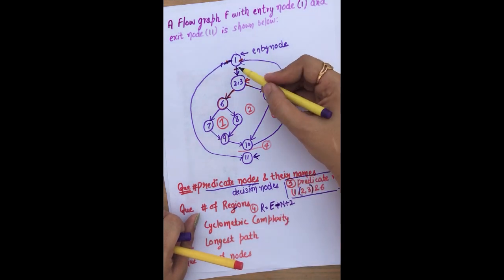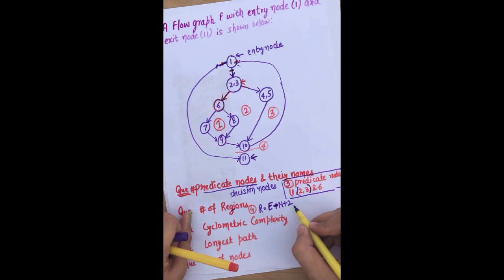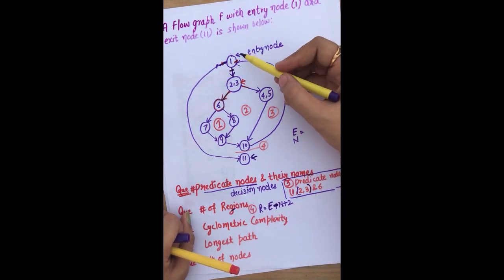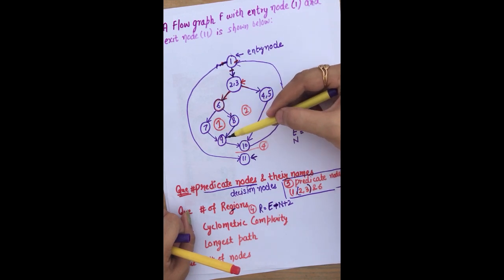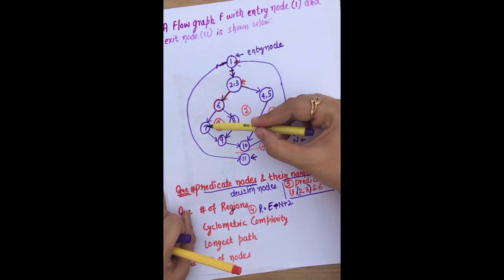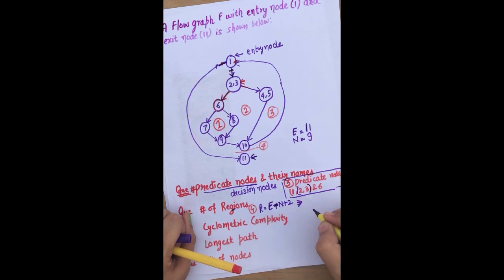The number of edges here are 1, 2, 3, 4, 5, 6, 7, 8, 9, 10 and 11 edges in this graph, and the number of nodes is 1, 2, 3, 4, 5, 6, 7, 8 and 9, so 9. Now put these values in the formula: regions equal 11 minus 9 plus 2, that is 13 minus 9, which is 4.